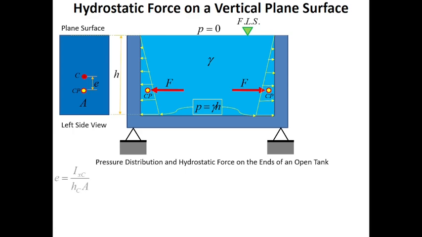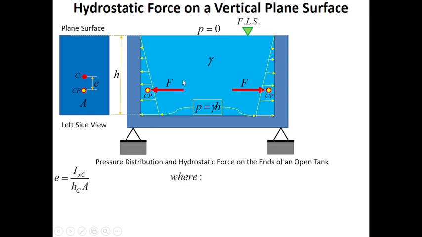So, next, yung pagkuha niyan, yung formula, yung eccentricity, ay equals sa moment of inertia about the x-axis. Yung na-introduce ko kanina, yung moment of inertia about the x-axis, all over HC A. Ano yung HC?